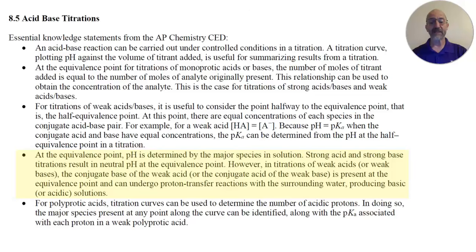So that essential knowledge statement that I just read is pretty much a summary of some of the things mentioned in topic 8.4. And then finally, for polyprotic acids, titration curves can be used to determine the number of acidic protons. In doing so, the major species present at any point along the curve can be identified, along with the pKa associated with each proton in a weak polyprotic acid.